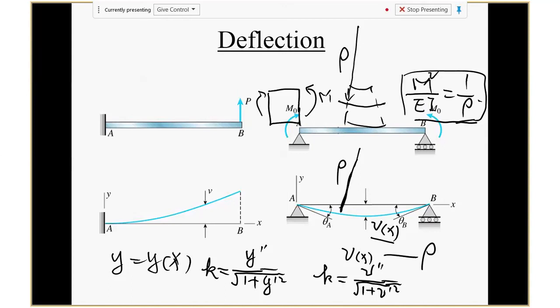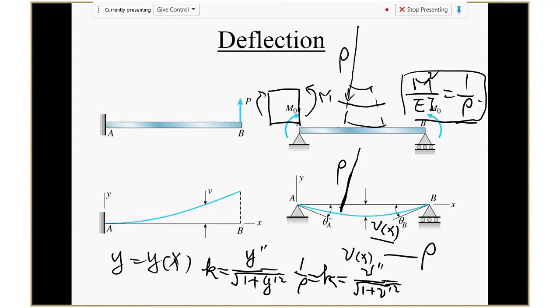V(x) is the y(x) we had before, right? Because the curve now is V(x). Okay. Now, what's k? K equals the curvature. It's 1 over rho, right? That's the definition of curvature. So 1 over rho is the curvature.